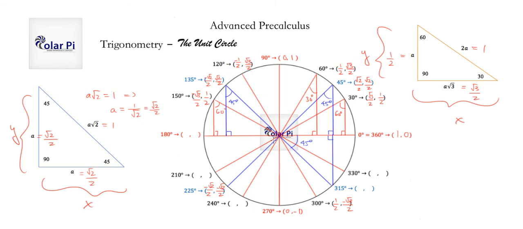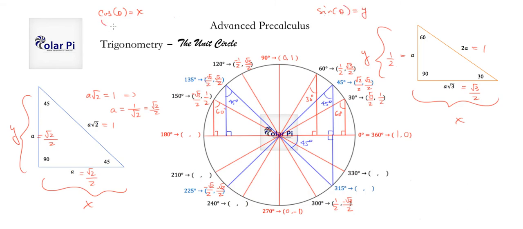But you must be asking before I sign off, why do we care, right? The reason why we care is because now you know that on a unit circle, cosine of theta is equal to x and sine of theta is equal to y.